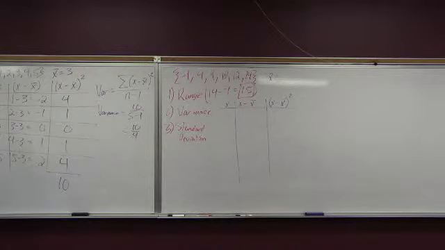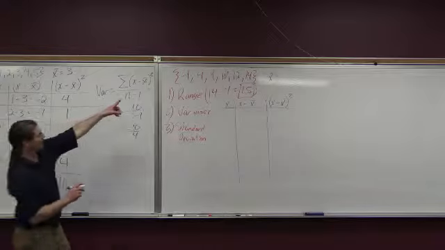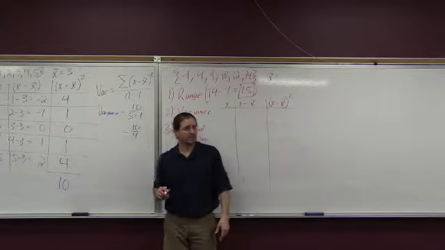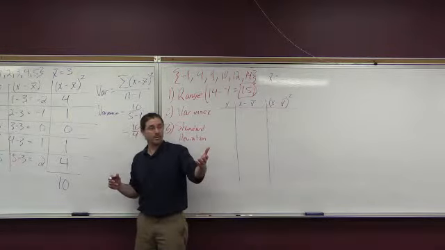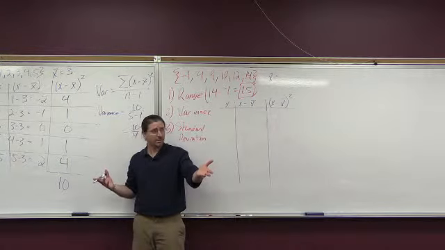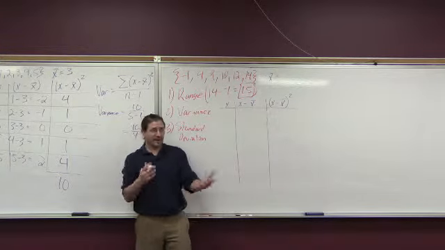What did you guys get for the mean? How do you calculate the average? What's the average of these 6 numbers? How would you do it? How do you figure out an average? Add them, and then what do you do? Divide by the count. So add them up.